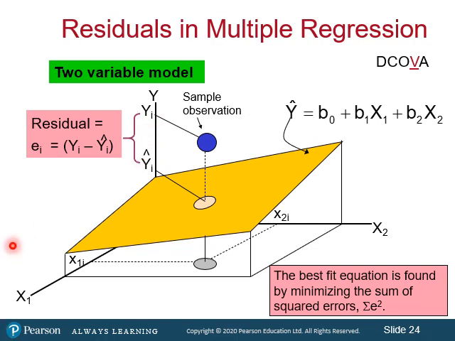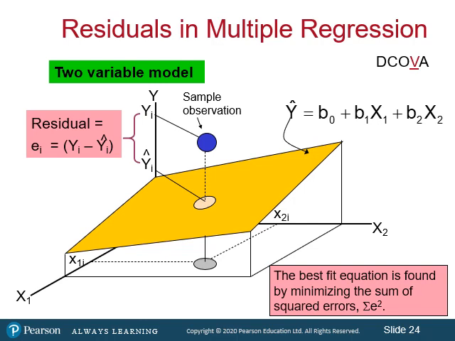We will have a slope for x1 and a slope for x2, and we will develop this equation: beta 0 plus beta 1 x1 plus beta 2 x2 equals y. We substitute the x1 and x2 into the equation and get what we call y hat, or estimated y.